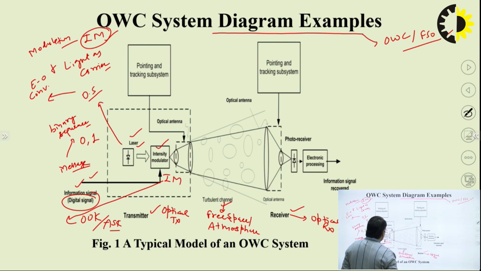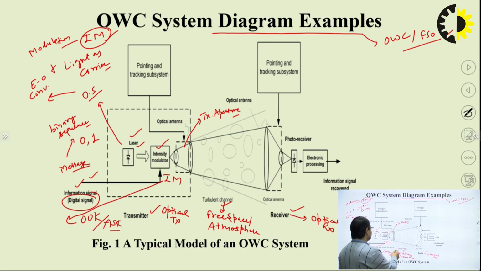Then we have this transmitter aperture. Then this modulated signal is transferred through the channel. The channel used here is free space or atmosphere. Because of the atmosphere, there are a number of disturbances or turbulence present in the atmospheric channel.